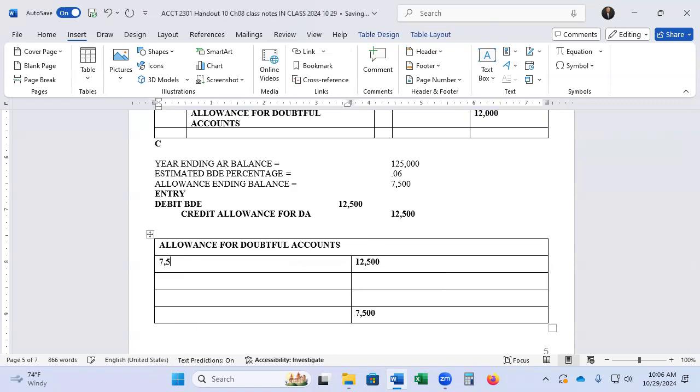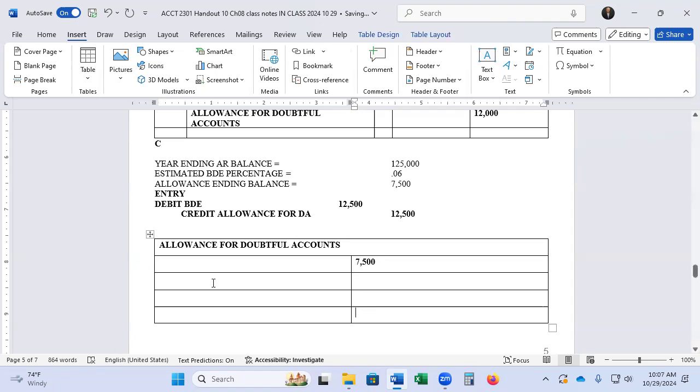So let's say we roll forward to the next year. You don't have to write this down, it's just going to illustrate it. This is how we would start off the next year, right? Because the 7,500 was the ending balance. Let's say we have a year like the pandemic.